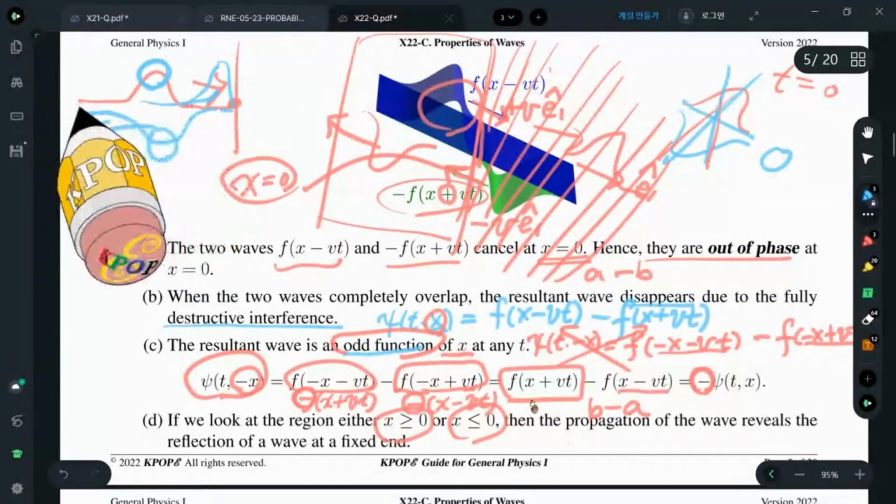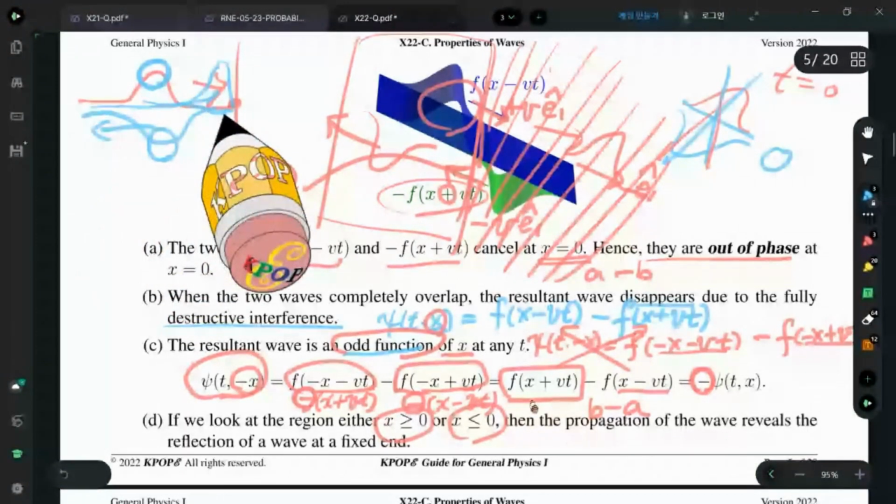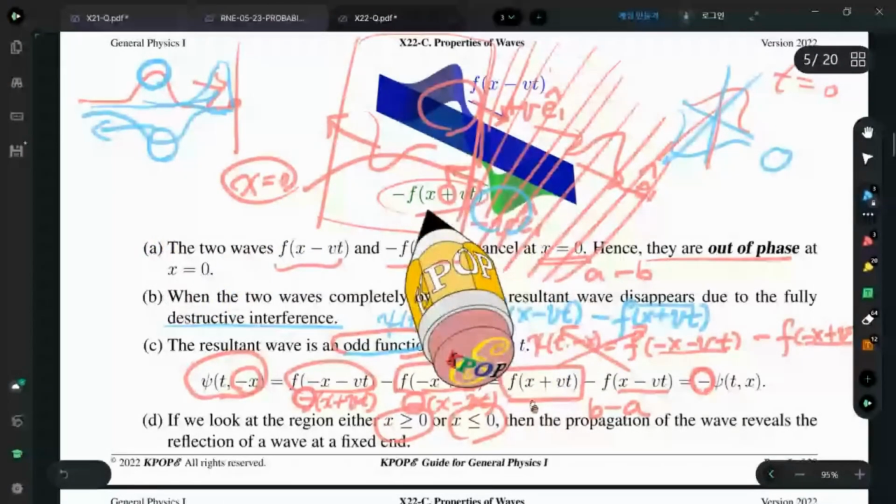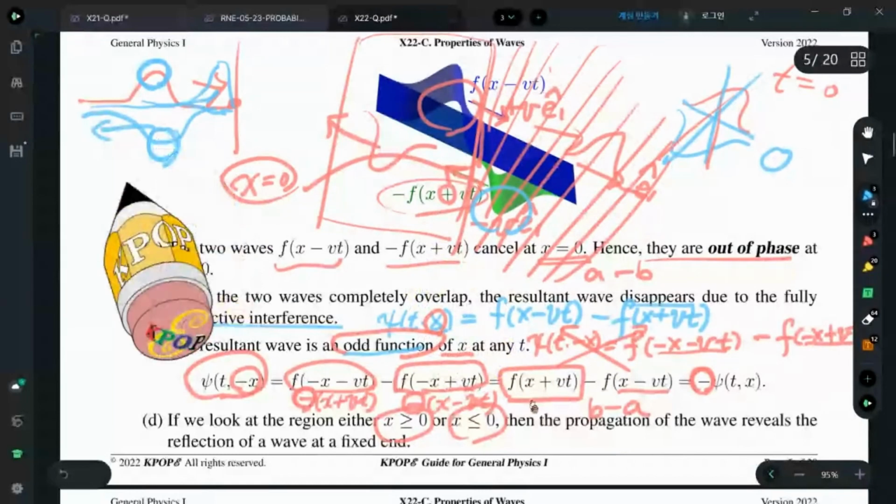So it was above the horizontal axis, but after the reflection, this is below the horizontal axis.